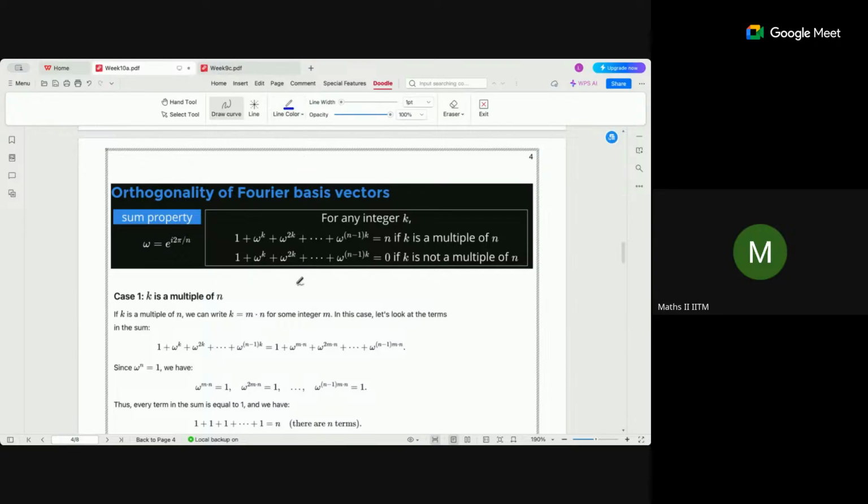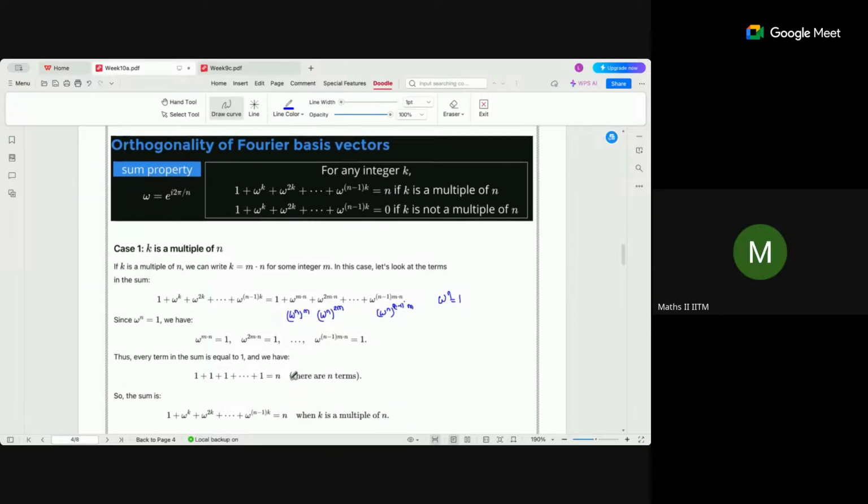Omega n power m, omega n power 2m, and then omega power n into n minus 1 into m. And you already know that omega power n is equal to 1. So substituting this, 1 power any number is again 1 only. So each of these terms is 1. You have 1 added n times, so the sum is equal to n.